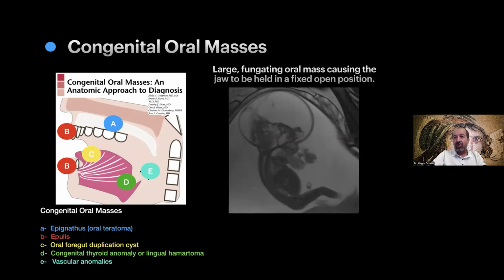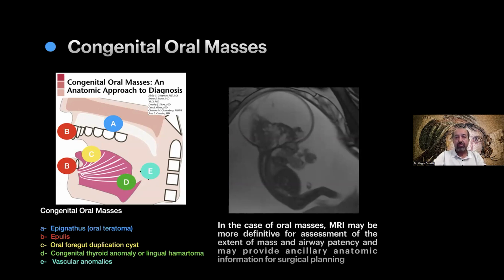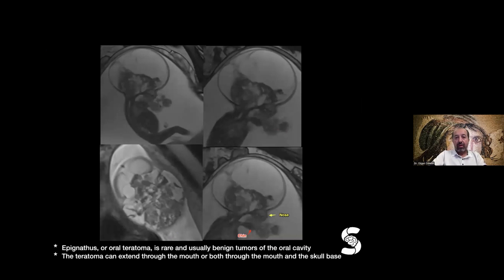The anatomic site of origin plays a key role in determining the correct diagnosis of congenital oral masses. This giant oral mass is distending the oral cavity and growing bidirectionally. Some part of the lesion is protruding into the amniotic cavity, and the remaining part, the major part actually, is growing and infiltrating the skull base and looking like an intracranial mass.